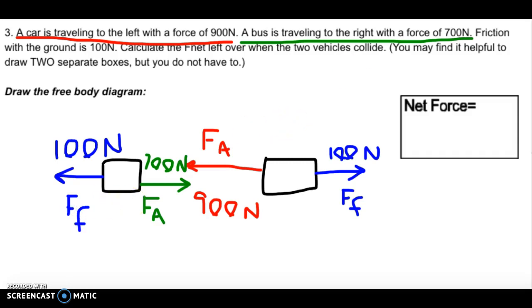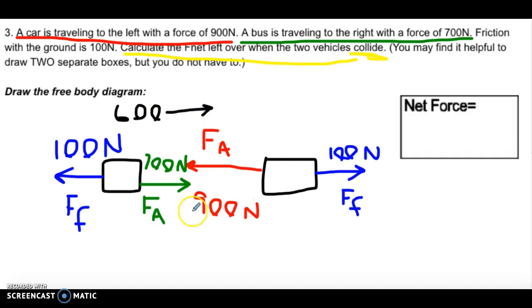So now I need to figure out what the leftover force is, or what the F net is when the two vehicles collide together. So for the bus, it is 700 to the right, take away 100 to the left will give me 600 to the right.